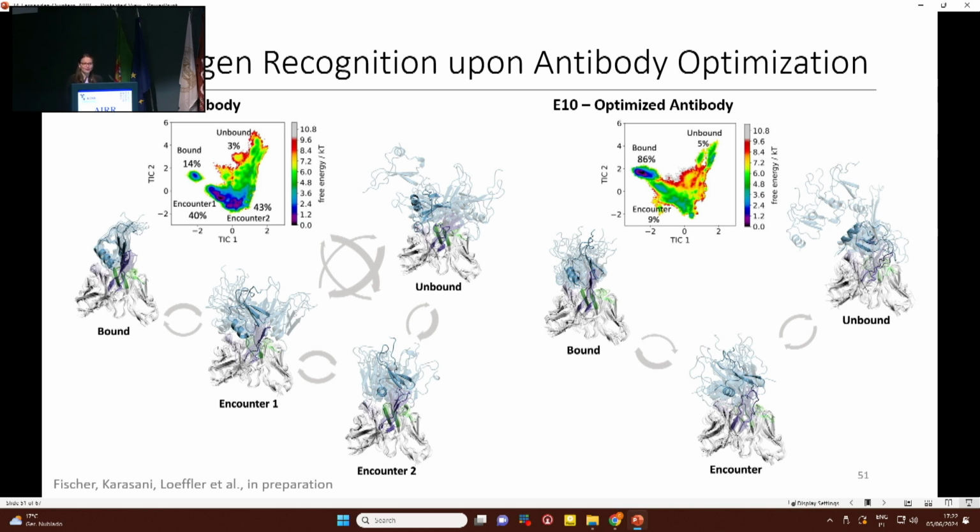So the unbinding occurs fast, is stabilized via still attached but further away conformation, and then until it's fully unbound. And this is just one of some examples that we looked at, where actually water plays a key role in replacing interactions that are currently destabilized by pulling the antigens apart. And all these trajectories can help us now also to identify and engineer antibodies towards optimizing binding interfaces.